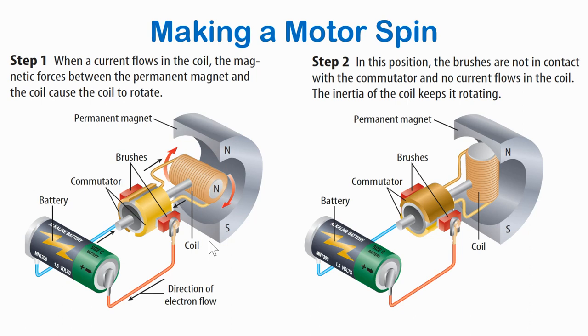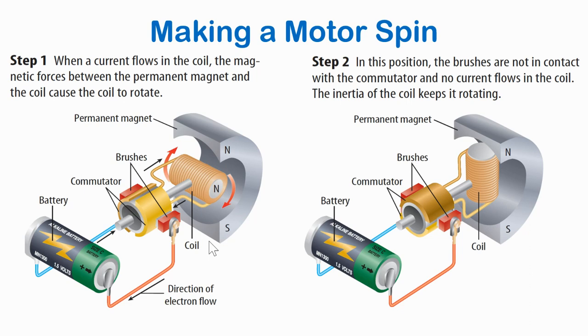Okay, so these are some images out of your textbook. I want you to write step 1 and step 2. There's going to be a step 3 and 4, and this is how we make a motor spin. So batteries are the power source. The commutator is the circle that's got two holes broken in it.